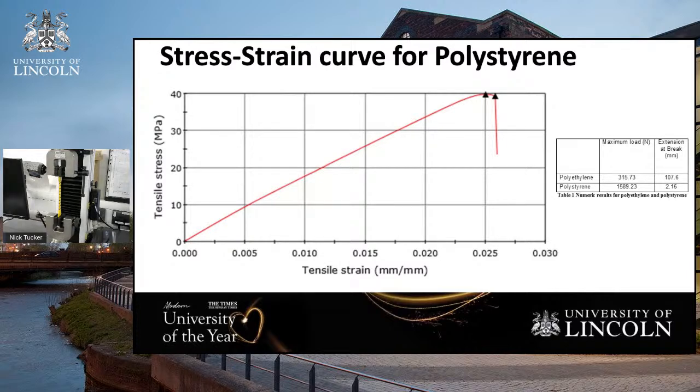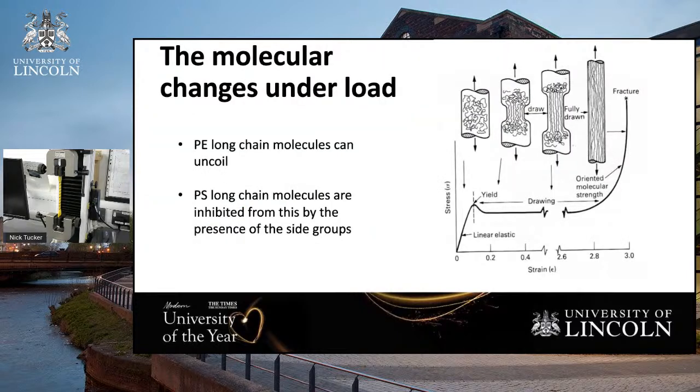And at the moment, it is undergoing the same load application as our previous specimen did, and we'll leave that one go. The difference here is that because there are no big clumpy ring side groups in the polyethylene, the long chain molecules can slide over each other.